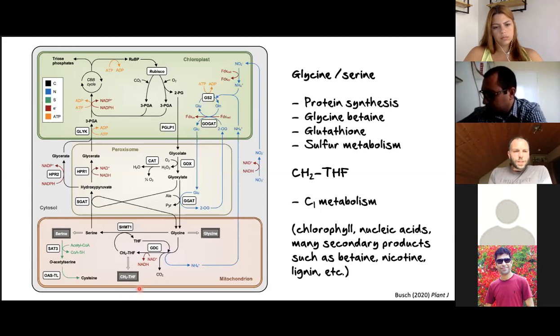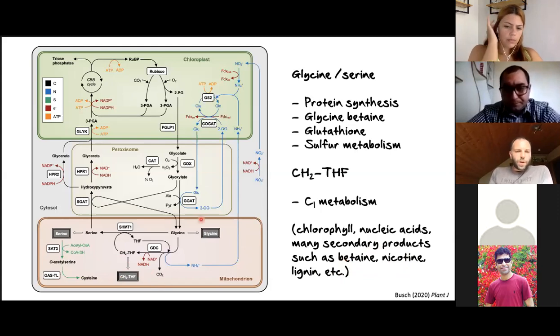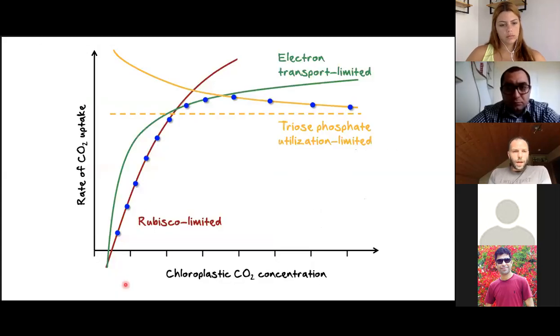So the plant uses this component to make chlorophyll, for example, or many secondary products, and particularly lignin for trees, or things like nicotine in tobacco, or betaine in beet. So a lot of carbon is diverted from the photorespiratory pathway into these compounds via this tetrahydrofolate. And conversely, that is sort of what describes this hump up here, and that's the carbon going into these compounds.